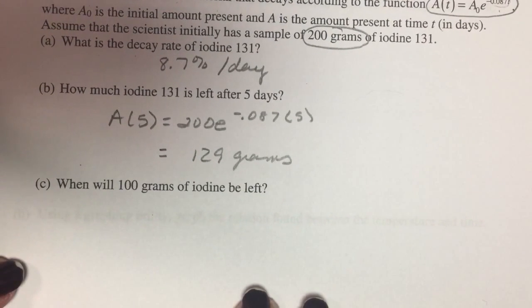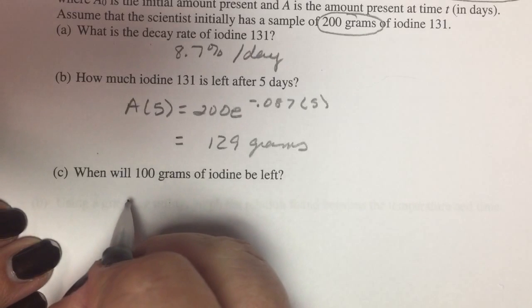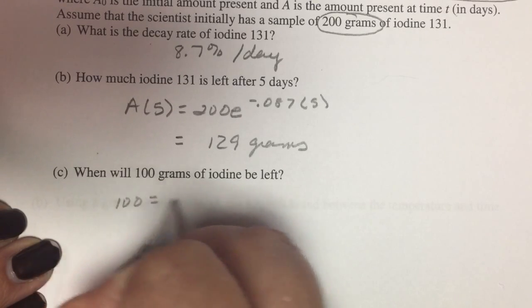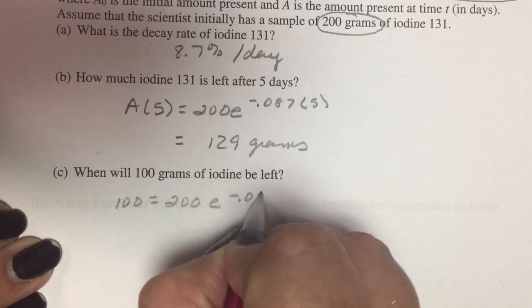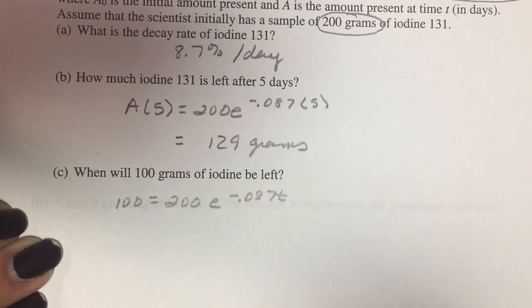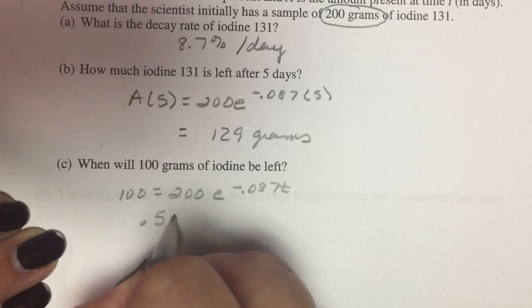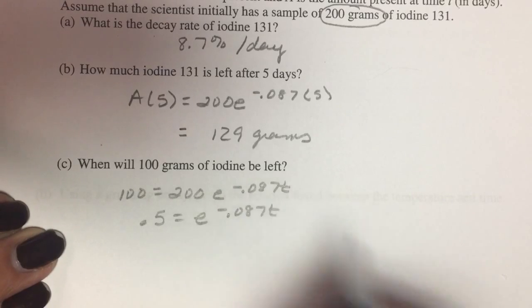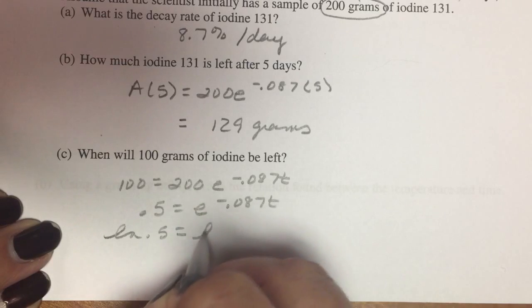When will there be 100 grams left? So that 100 is my A sub t, so 100 is equal to 200 e to the negative 0.087 t. Let's divide by 200, so that's going to be 0.5 equals e to the negative 0.087 t. Natural log both sides.